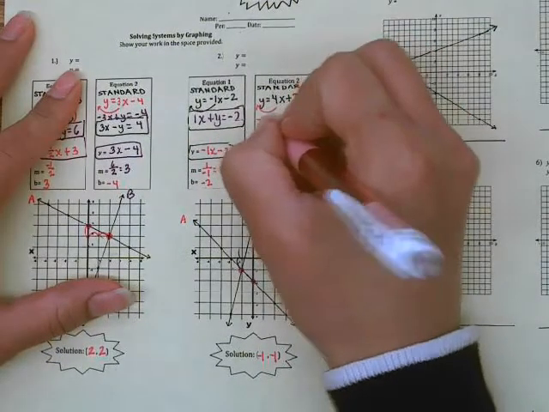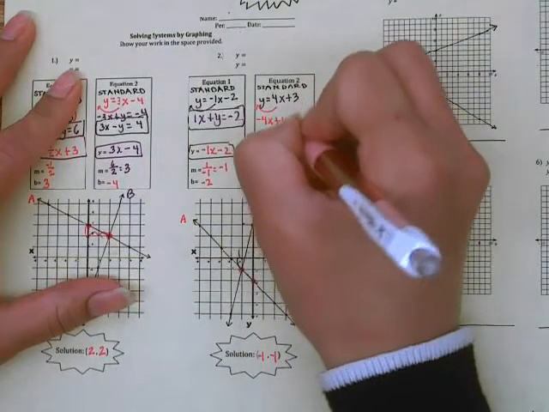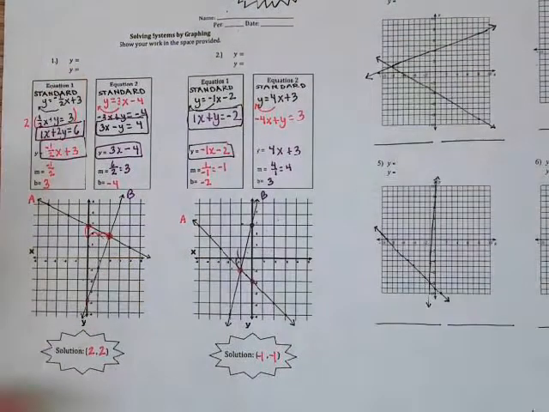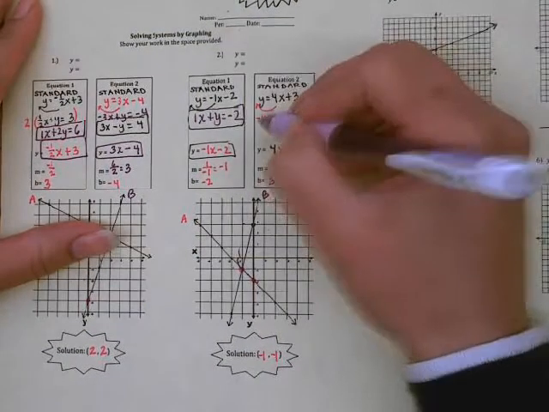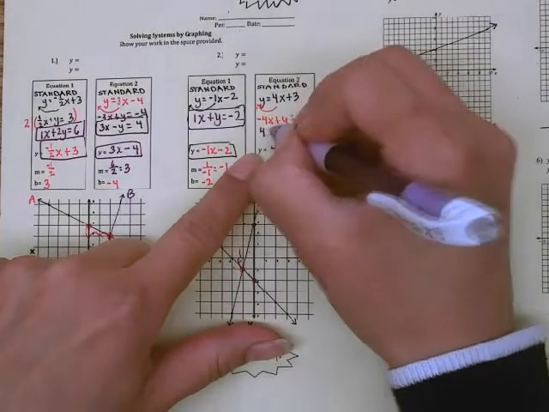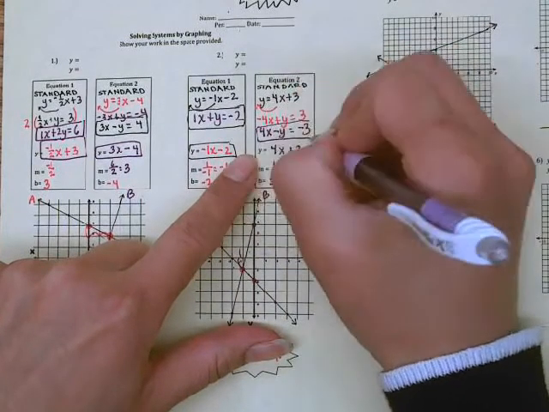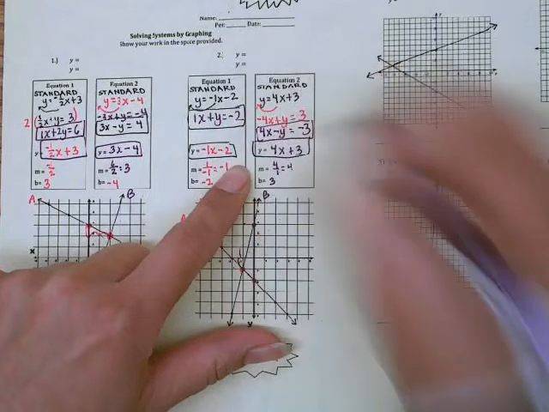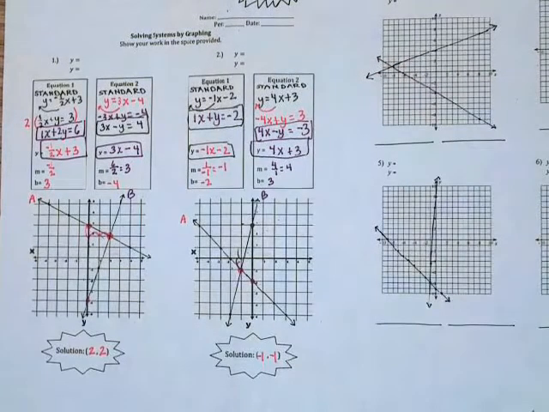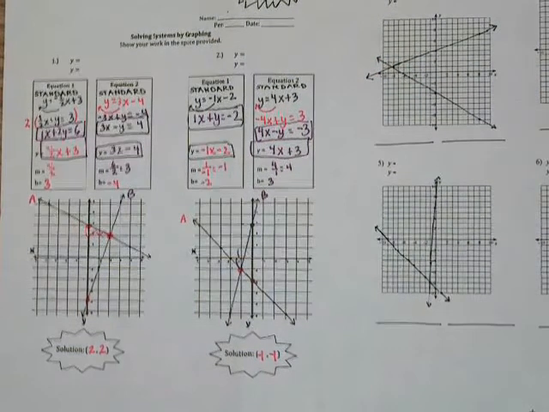Move that x to be together with the y. So negative 4x plus y equals 3. And then change the sign of everyone because we don't want any negatives. So this will be positive, this will be negative, and this will be negative. And there you have it.